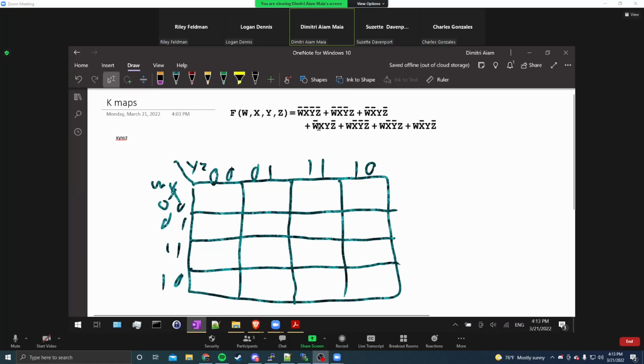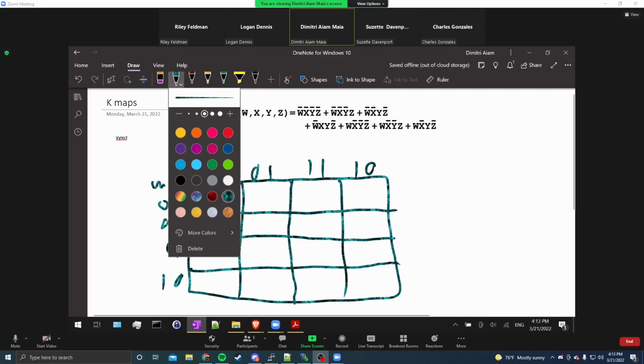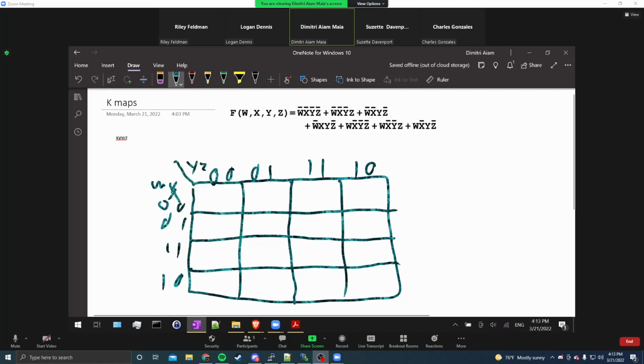So for example, when we draw the map, we need to remember what each of these means. This map over here, this is a 1 and this is a 1. This represents Z. So over here, Z is true. Over here, this is a 1, this is a 1.